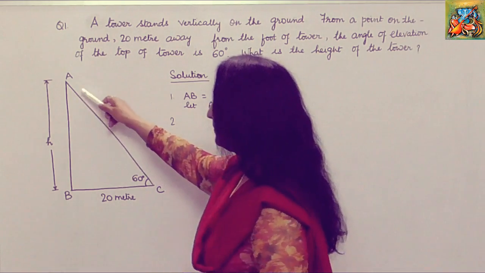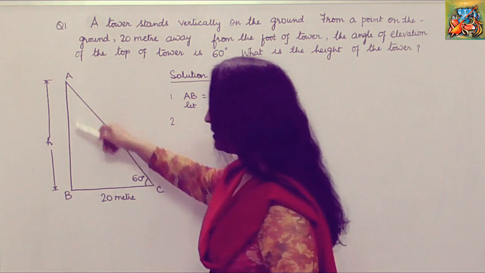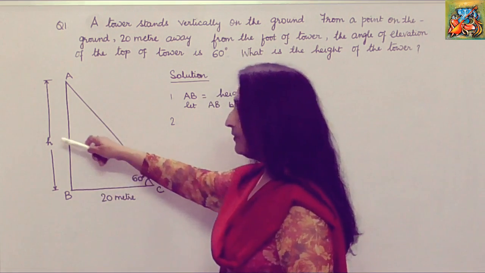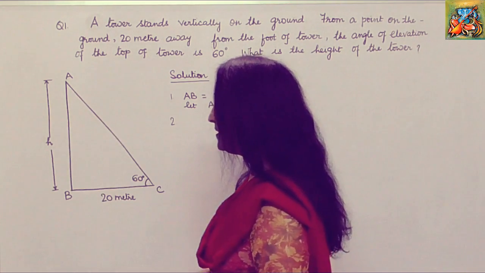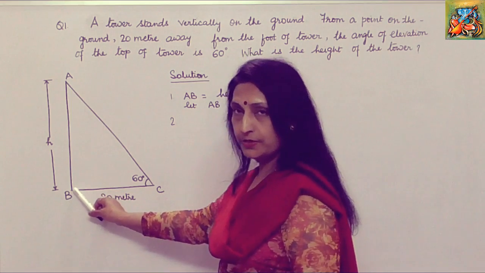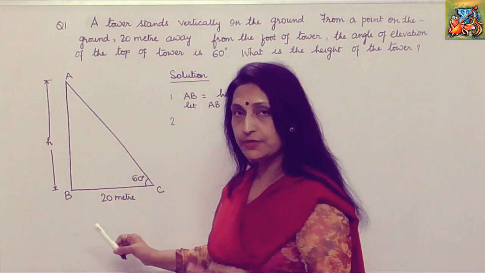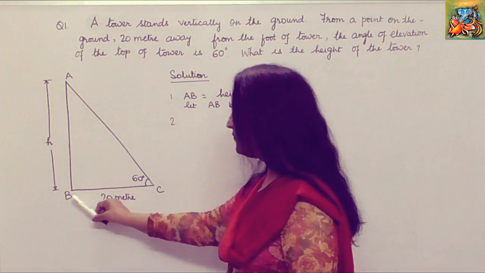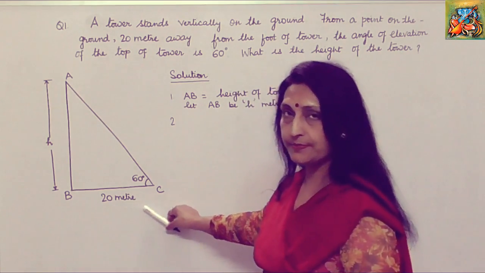In the given diagram, AB is the tower. The height of the tower is AB, which is not known, so we assume that AB is equal to H meter. B is the foot of the tower, C is the point which is 20 meters away from the foot of the tower. It means BC is equal to 20 meter.